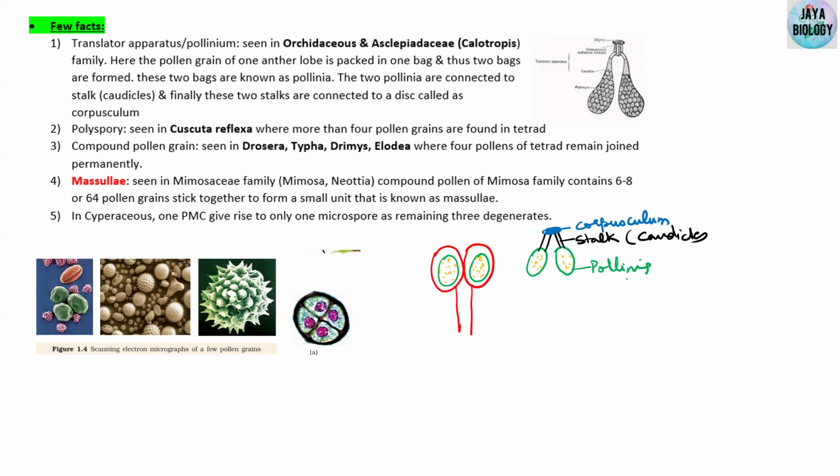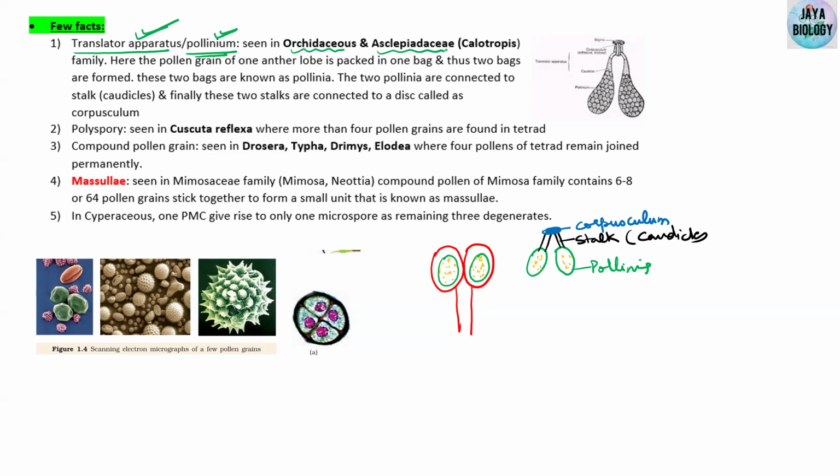So once again, let me explain to you. All the pollen grains of each anther lobe are packed in one bag. Each bag is known as pollinium, which is connected to the corpusculum through a stalk that is known as caudicle. So this is known as translator apparatus, also known as pollinium, and it is observed in Orchidaceae and Asclepiadaceae.